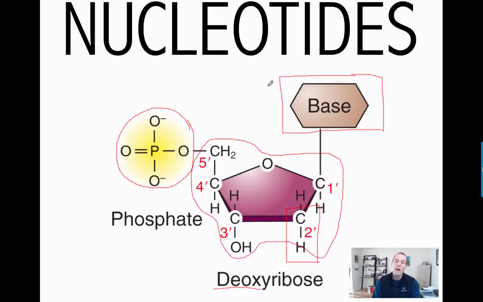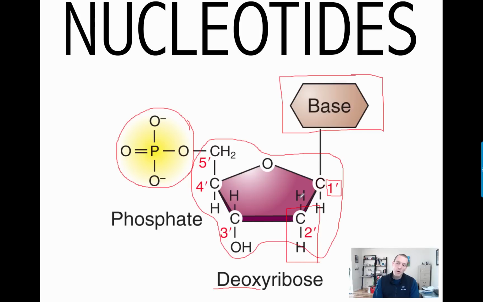That is because chemists have numbered the nitrogens and the carbons in the base 1, 2, 3, 4, 5, and so on. And so if we want to talk about the carbons in the sugar in the nucleotide, we need some way of discriminating between the carbons here and the carbons in the base. And so they are given this label of 1' or 2' or 3'. The prime is just a dash, and it lets us discriminate between the carbons in the sugar and the carbons and nitrogens we find in the base.